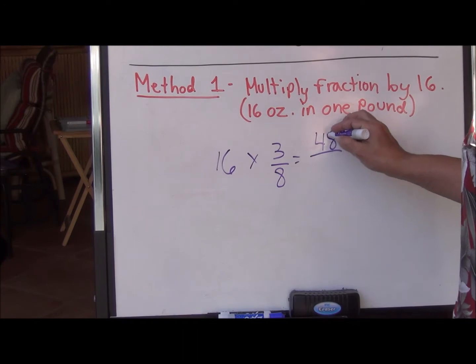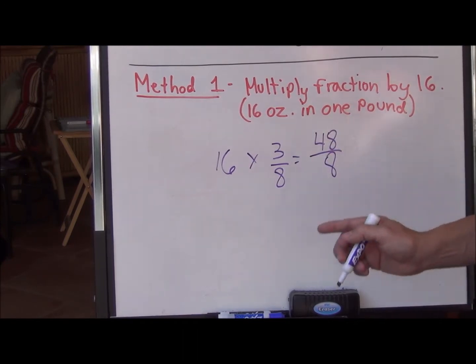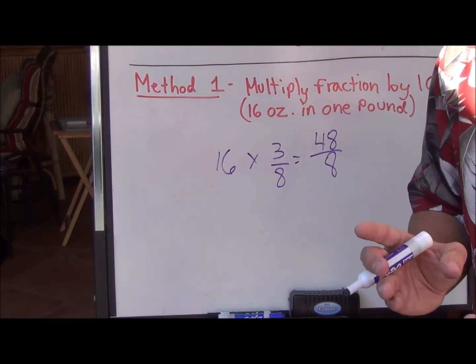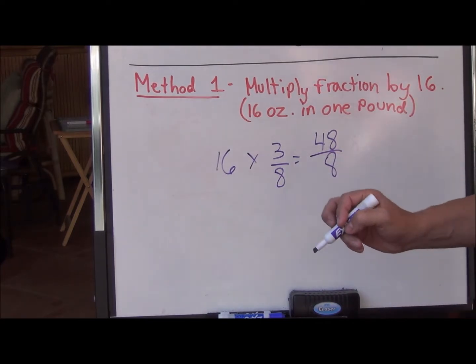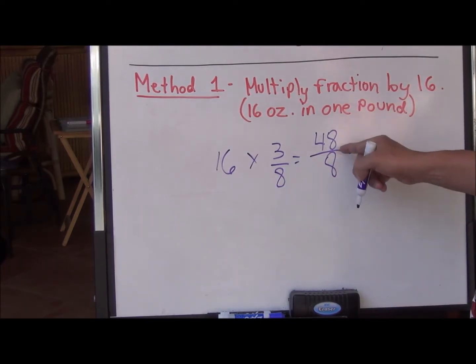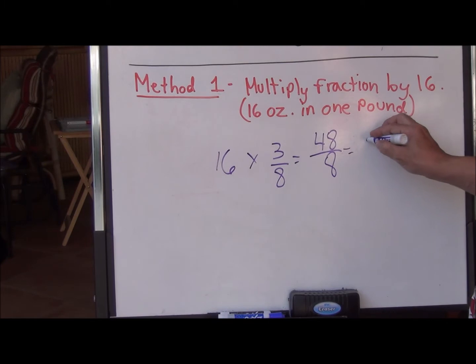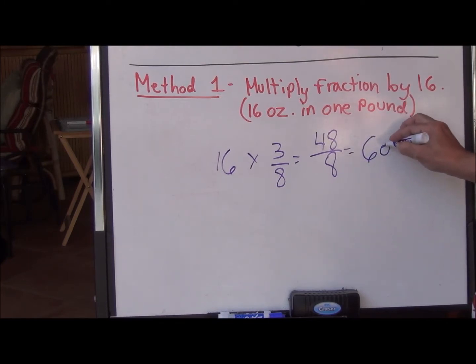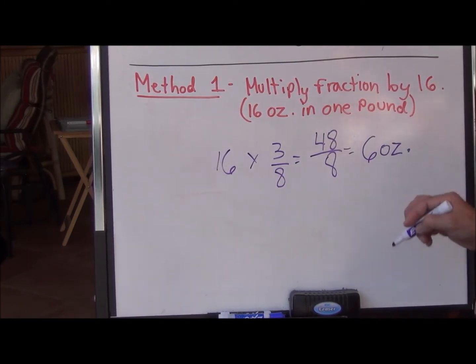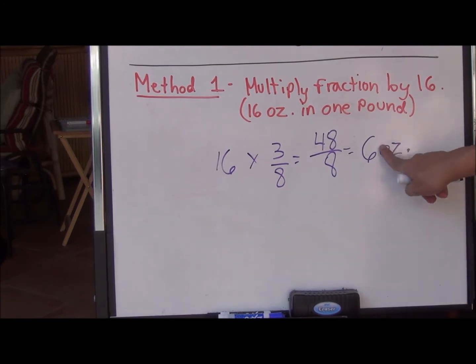We end up with 48 over 8. That is an improper fraction. That has to be fixed. You have to divide. So 48 divided by 8 equals 6 ounces. Let's move that ounce a little bit over so it doesn't look like 60Z. 6 ounces, just like that. So that is method 1 on how to solve that.